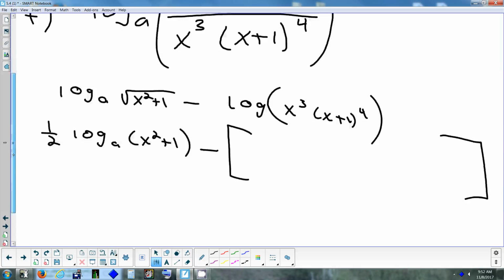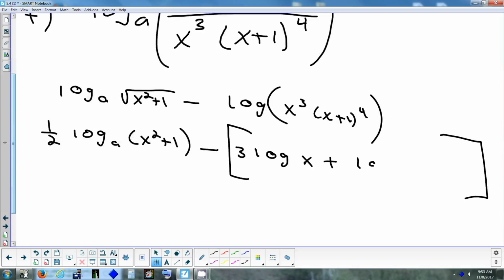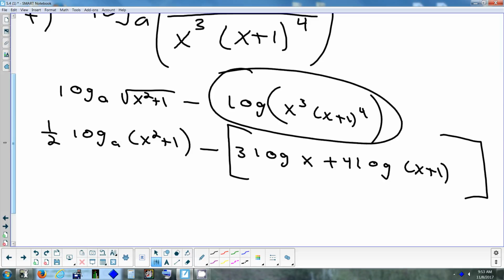As addition. So it would be log of x cubed, but what would I do with the 3? Yep. Put it in front. Plus, it would be log of x plus 1 to the 4th, but I'm going to put the 4 in front. Now the reason I left the brackets around that whole section is because you are subtracting all of that.